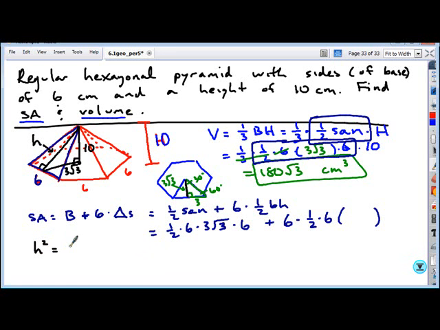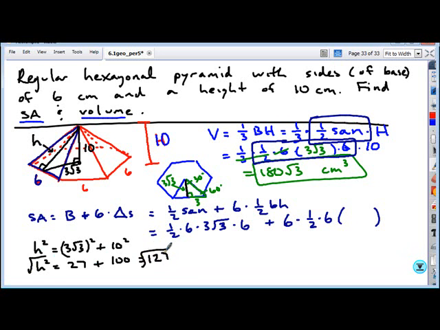The hypotenuse squared, h squared, is equal to the sum of the squares of the other two sides, so 3 root 3 squared plus 10 squared. That's 9 times 3, which is 27, plus 100, so h squared is equal to 127.